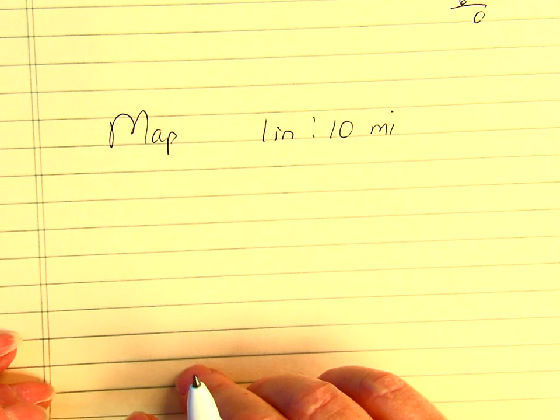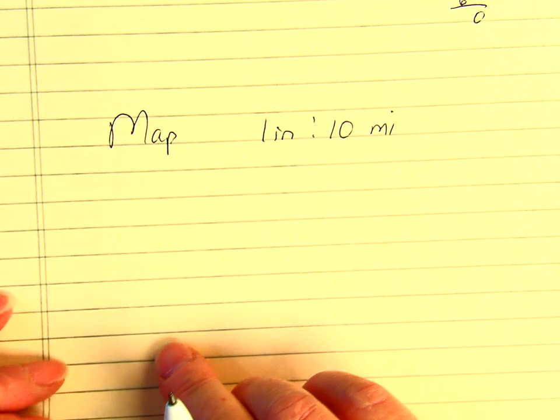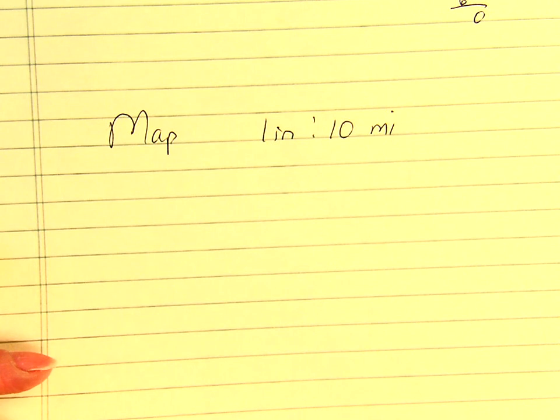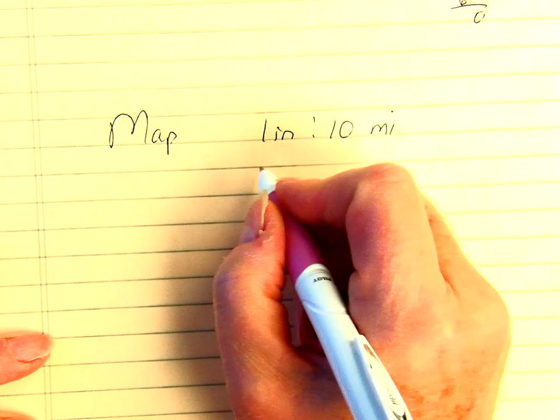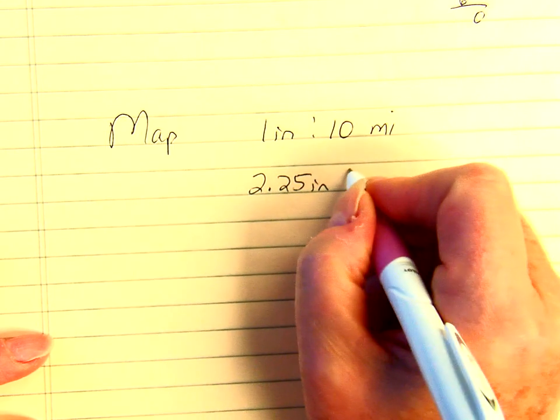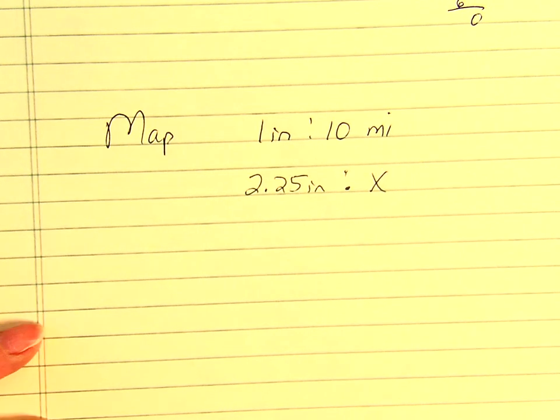And measuring the map distance from one place to another looks like 2.25 inches, and we don't know what the actual is, okay?